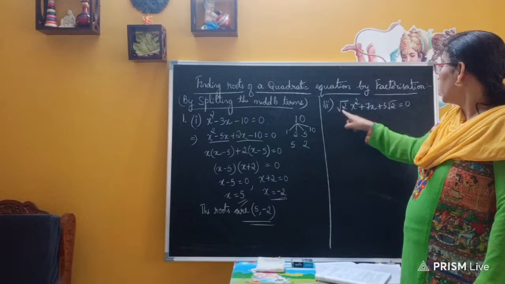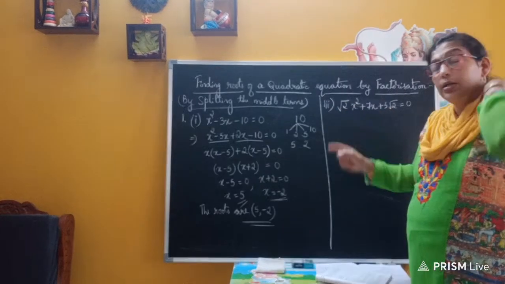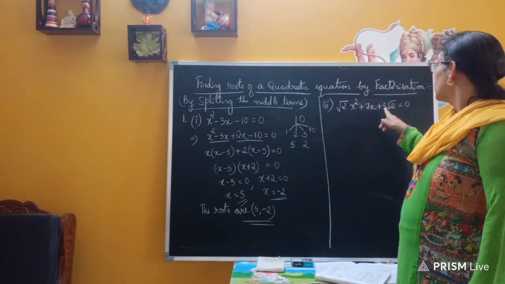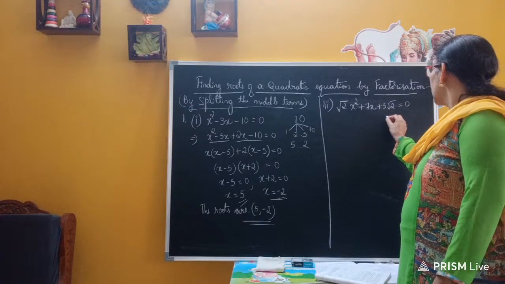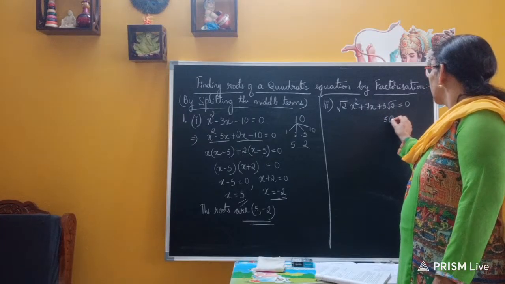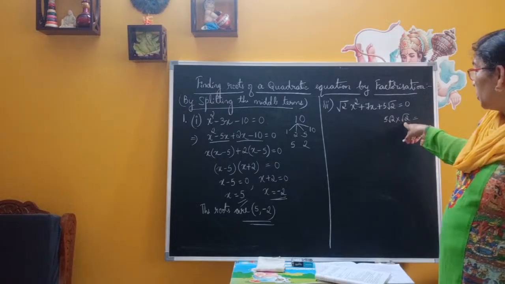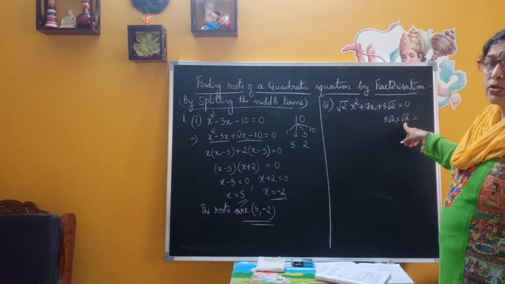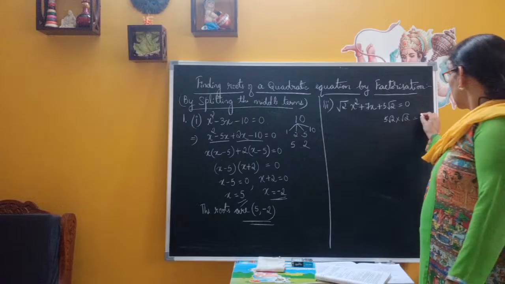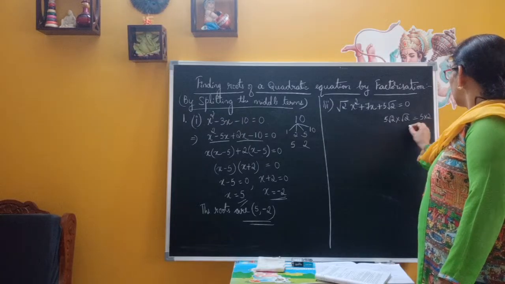So the product of a and c must be calculated. Here a is root 2, c is 5 root 2. So let us take 5 root 2 into root 2. Root 2 into root 2 is root 4, the square root of 4 is 2. This is nothing but 5 into 2, which is equal to 10.